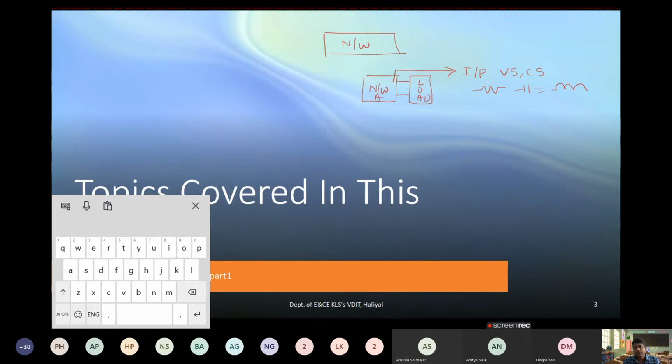If the sources are independent, then you have to find VTH by opening the part B network here, and you have to calculate RTH as seen from this end, but here you have to disable the sources.